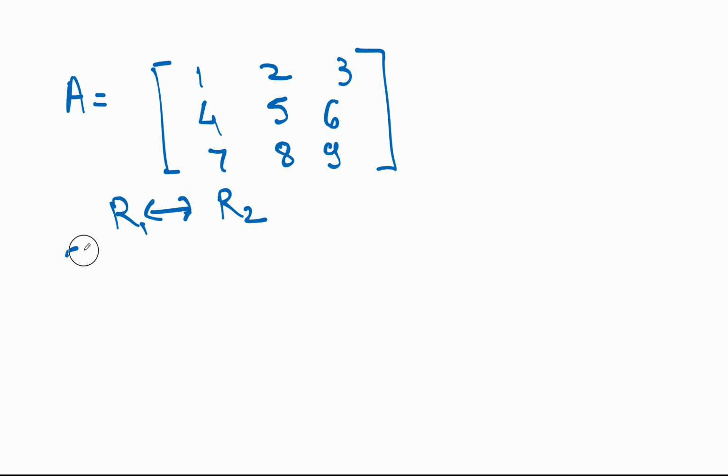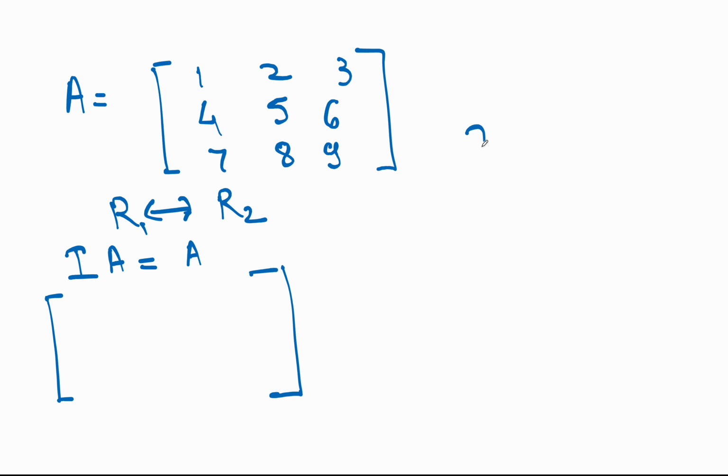If we multiply with the identity matrix, we'll get A as it is. It means that the rows remain as they are, they don't change. We now just want to change the order.